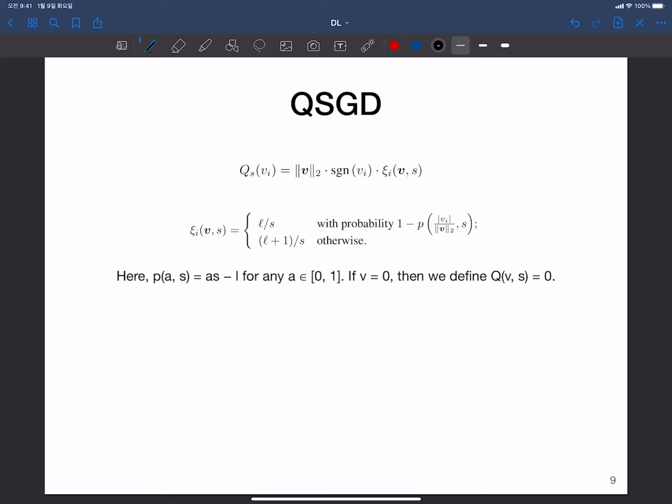Stochastic rounding means we turn a continuous real value into a quantized discrete value, but with a stochastic assignment, we make the expectation of the quantized vector equal to the original vector. Okay, so when you go to the QSGD paper, you can find this equation and a more detailed expression. And this explains why such quantized stochastic rounding keeps the same expectation.